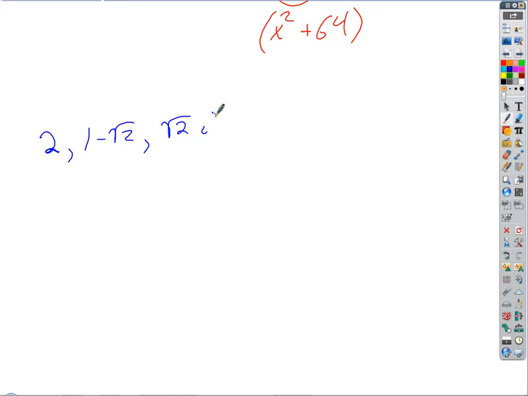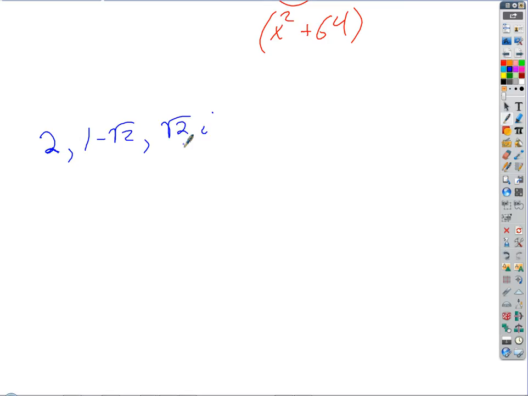Plus or minus square root of 2, okay, good, because this has to come in a pair, right? 1 minus the square root of 2 has to come in a conjugate pair because it has rational coefficients. And the complex one has to come in a conjugate pair no matter what. There's no way it can't, it always does.